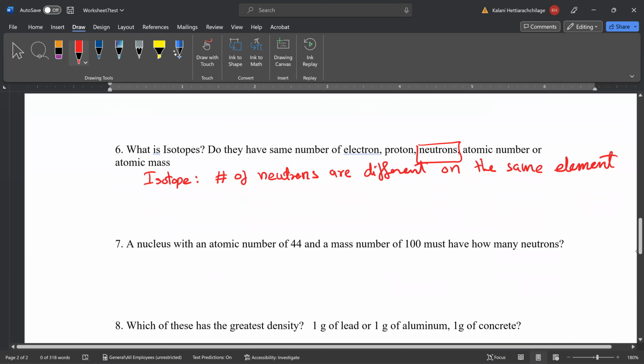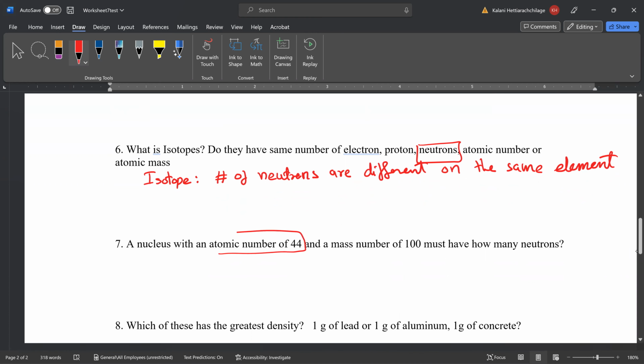Okay, so now let's move into the next question. A nucleus with atomic number 44 and mass number 100 must have how many neutrons? So you know that the mass number equals the number of protons plus the number of neutrons.